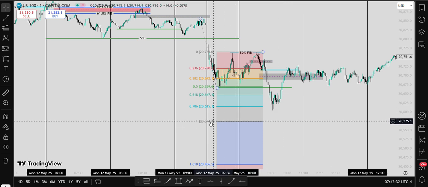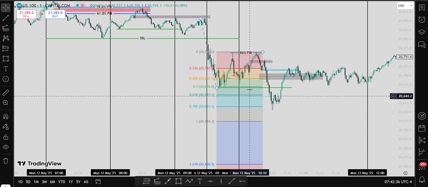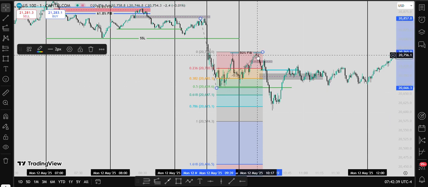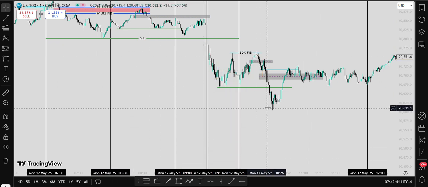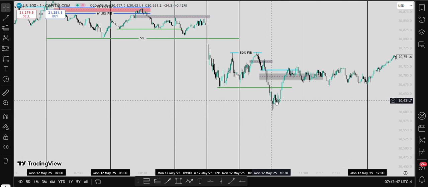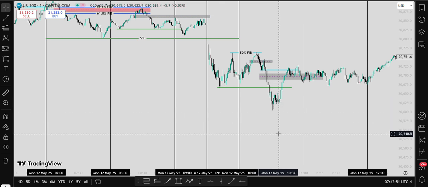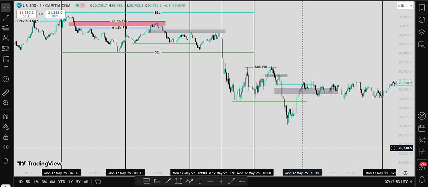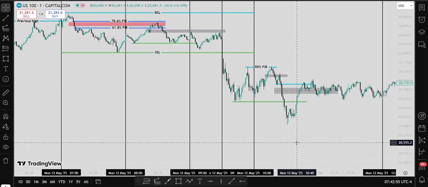Most times I try to capture at least a move of one, and that's where the two coincide. That is the -2 standard deviation and Fibonacci expansion tool of 1. So this would have actually been a tricky trade to hold on to as you target the -2 standard deviation.